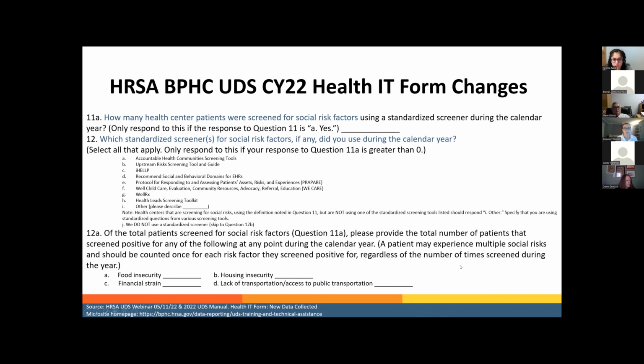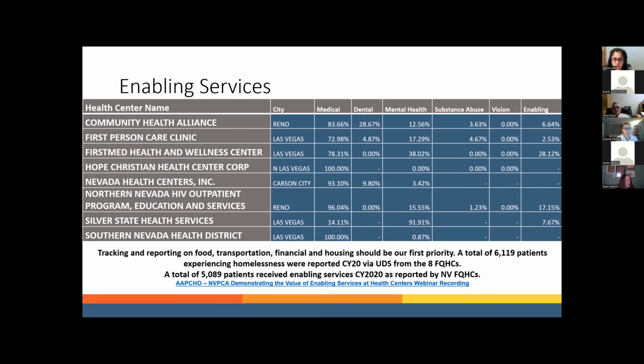So when you think about the UDS tables, I think you need to go back one to the enabling services slide. You've reported on social determinants of health indirectly through the enabling service categories. In table 4 for UDS, you're looking at the number of patients by some of the social determinants of health, such as housing or homelessness needs.